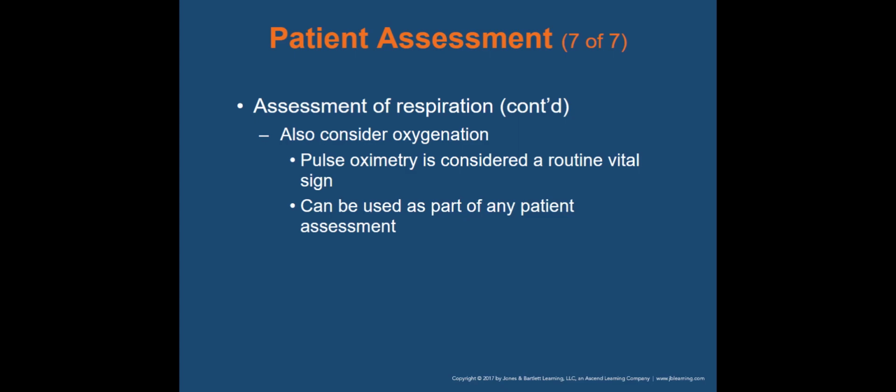So if ventilation looks okay, respiration looks okay, they're satting at 92%, I think I'll go ahead and add a nasal cannula, 2 to 4 liters per minute, and I want to titrate that to an SpO2, a pulse oximetry reading, of at least 94%.